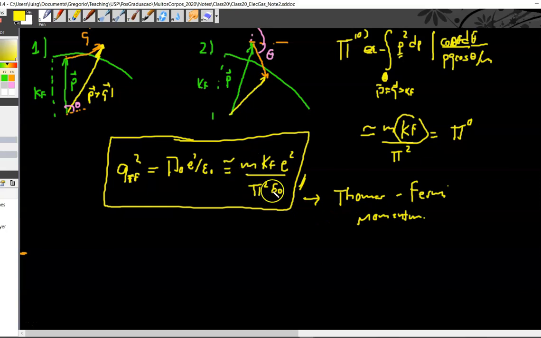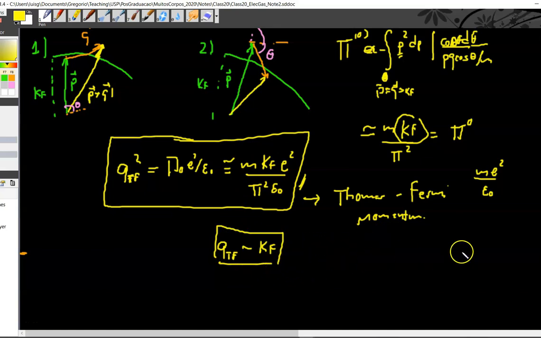There's this mass here, I might get another KF. At the end of the day, since there's the mass, there's e squared over epsilon 0, the Thomas-Fermi momentum would be of the order of KF at the end of the day, because of this mass here.